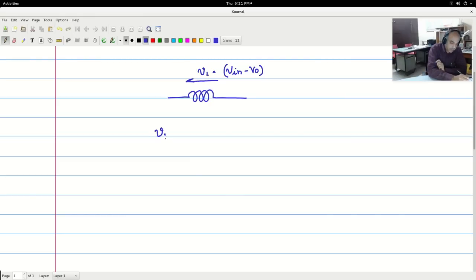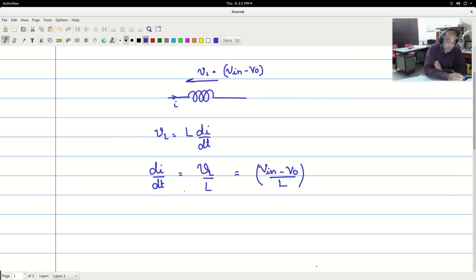So we know that VL is equal to L di by dt, and di by dt, where i is the current flowing through the inductor, is given by VL by L, or it is V in minus V naught by L. So this is the di by dt, or the slope of the current waveform.